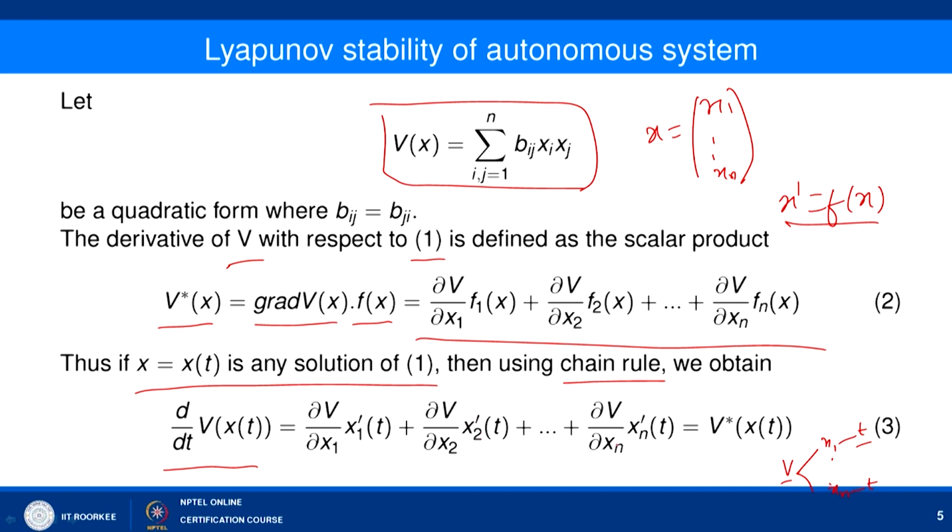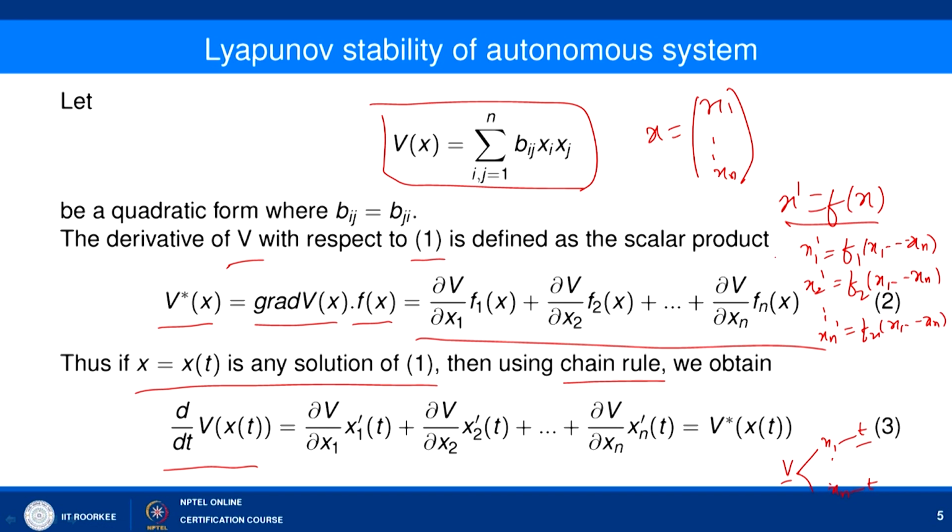plus ∂v/∂x2 times dx2/dt and so on. Now if you look at this, I can write it as x1 dash equal to f1(x1 to xn), x2 dash equal to f2(x1 to xn) and so on, xn dash equal to fn(x1 to xn).